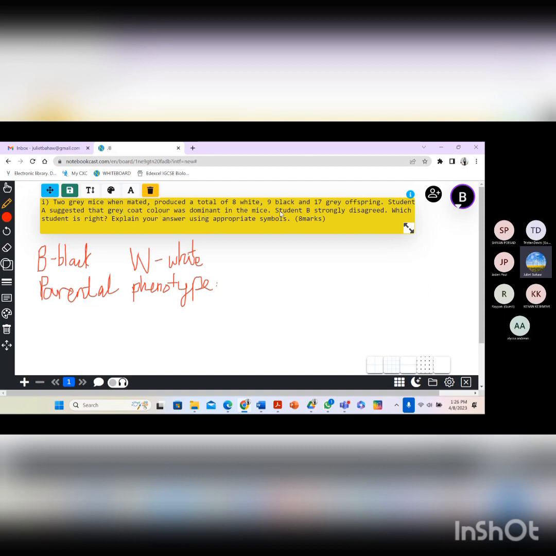Student B disagreed. Now think about it. When you look at mice, what is the more dominant coat color that you notice? Between gray and black, between those 2, which one is more prominent? Gray, miss. You say gray?